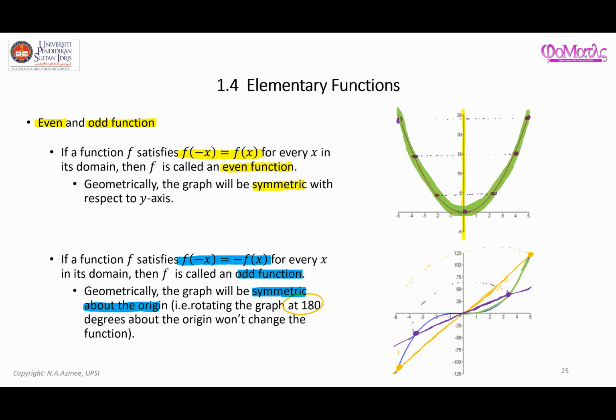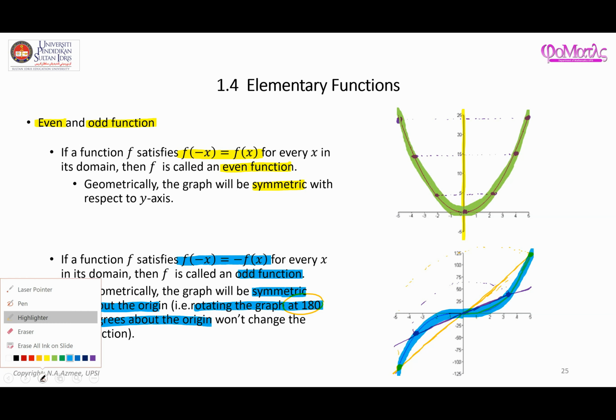Basically that's the idea. So if you have this graph on this side, you will have the same look of this graph on this part here. That is basically saying that rotating the graph at 180 degrees about the origin won't change the look of the function.